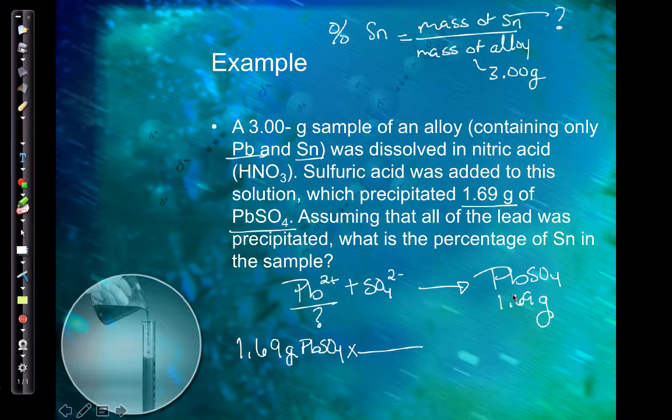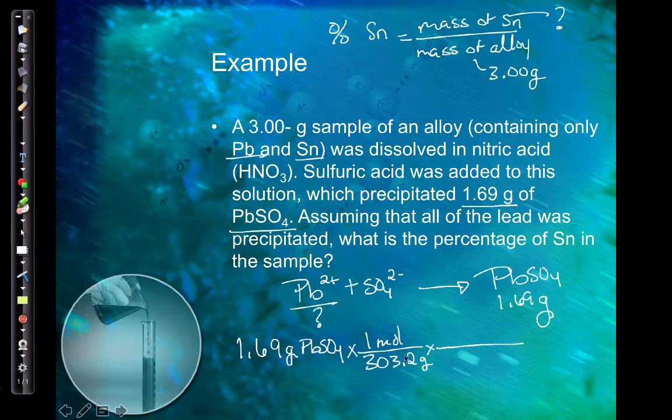Remember, if we're going from one substance to a different substance, you have to use a chemical reaction. The lead sulfate comes from the lead ions and the sulfate ions; the sulfate came from the sulfuric acid. One mole of lead sulfate weighs about 300 grams.